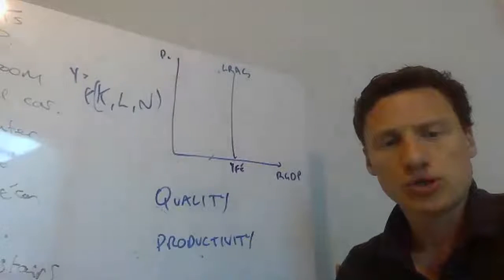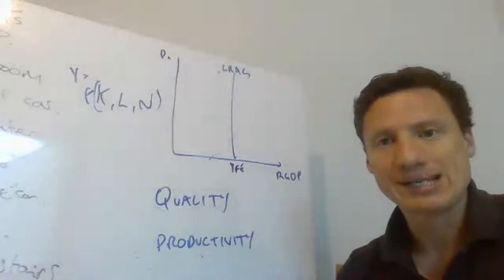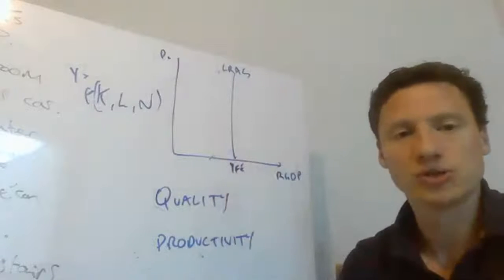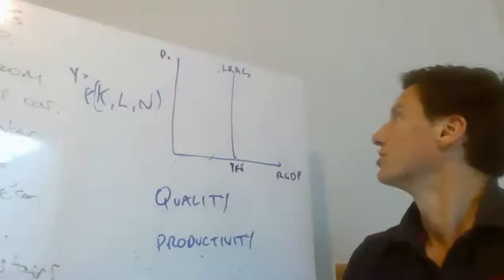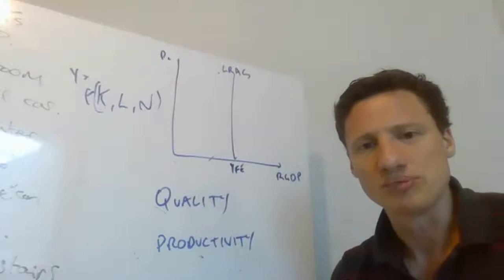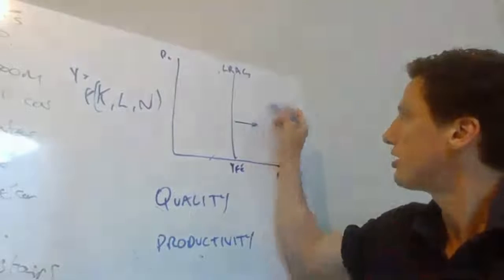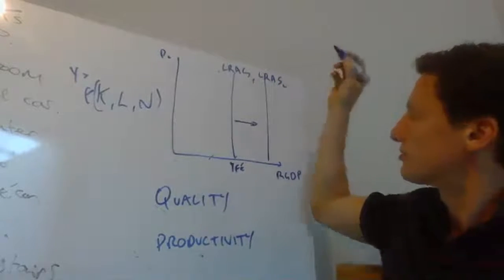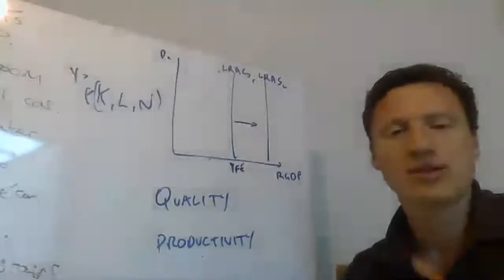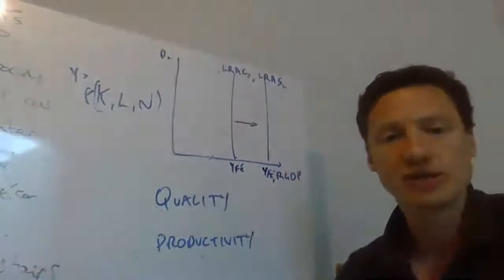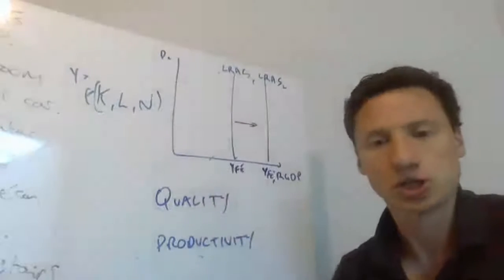If you just try demand-side policies to stimulate GDP in the short run, you're always going to come back to the long-run aggregate supply. So the only way to get real long-term GDP growth is to shift the long-run aggregate supply curve to the right, in the same way that you would shift the PPF to the right. And here we go, we've now got YFE2 or YFE dash.